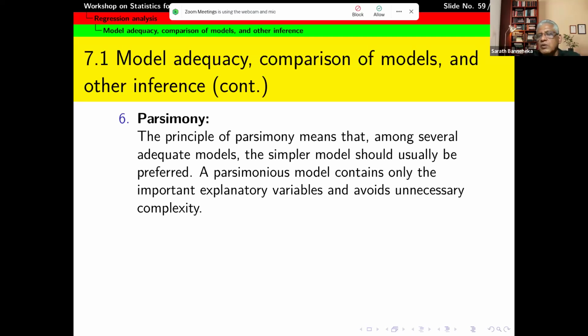So it's always good if you can include the variables which have practical meaning, right? So for example, suppose you are considering the amount of water or the ratio of water. Suppose that variable is W, but you can consider also, if you want, e to the power W or log W or some other term. But then e to the power W is difficult to interpret, right? Log W may be difficult to interpret.